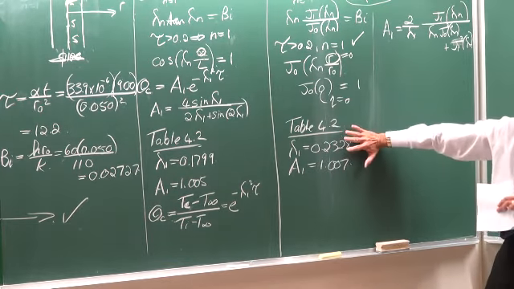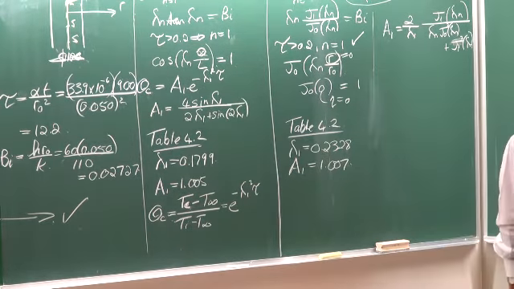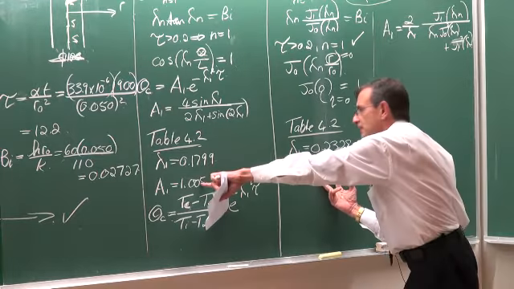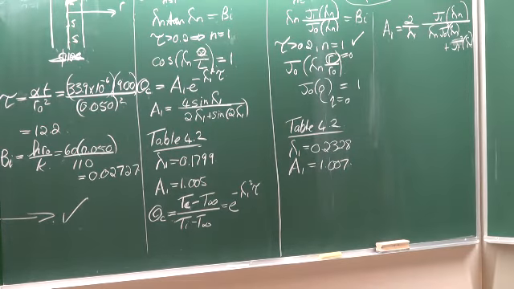If we compare these lambda and A values with those of the plane wall, these two are close, but those are not. They are not the same in principle.